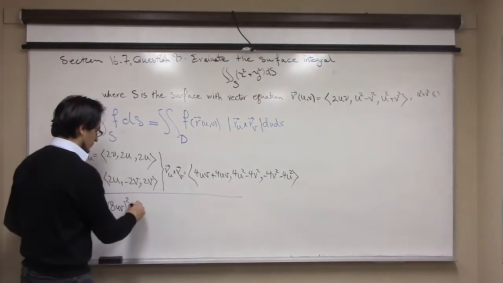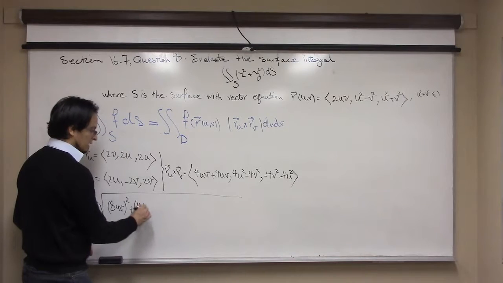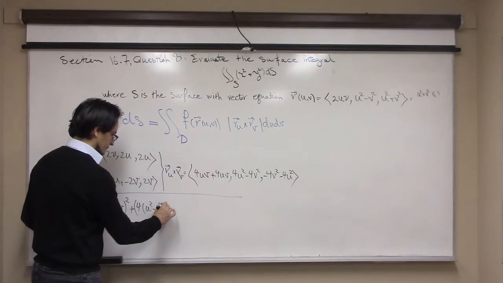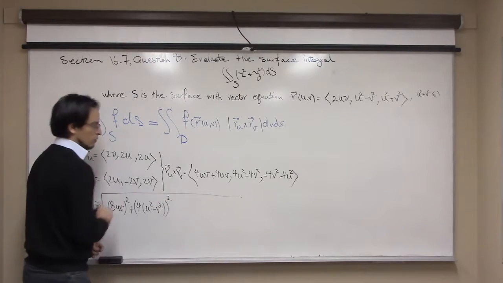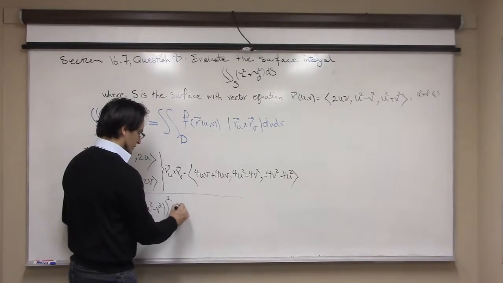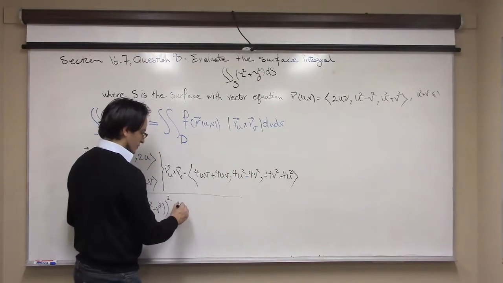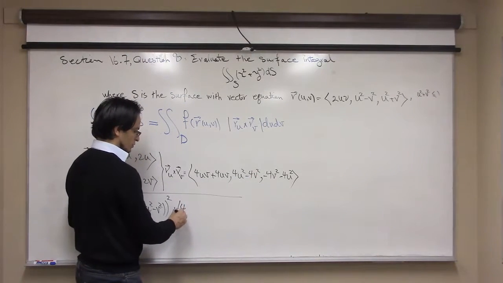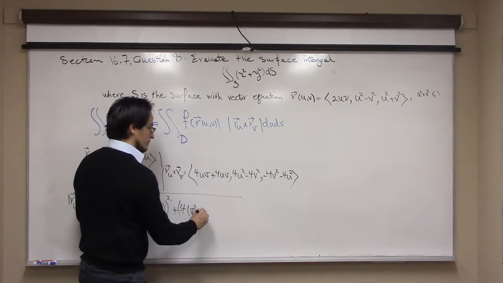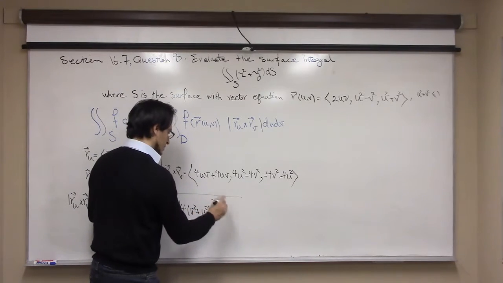I factor out 4, then I have u squared minus v squared, then the whole thing is squared. The second component is squared. And I'll do the same thing for the next one. I factor out negative 4, but since I'm doing the square root, it's not going to change anything if I put plus 4.